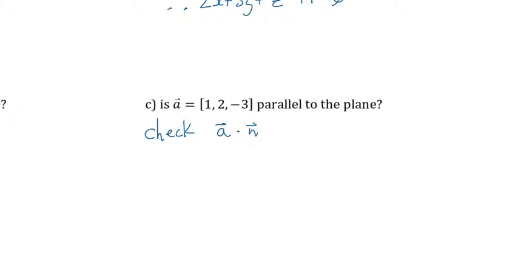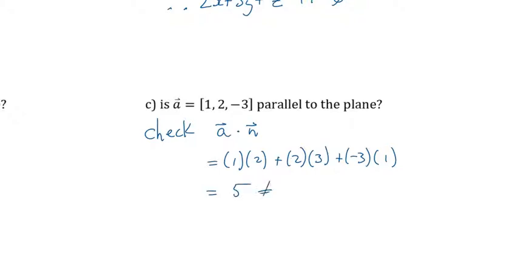This is always a useful thing to do. So this works out to 1 times 2 plus 2 times 3 plus -3 times 1, which equals 5, not 0. Therefore, A is not parallel to the plane.